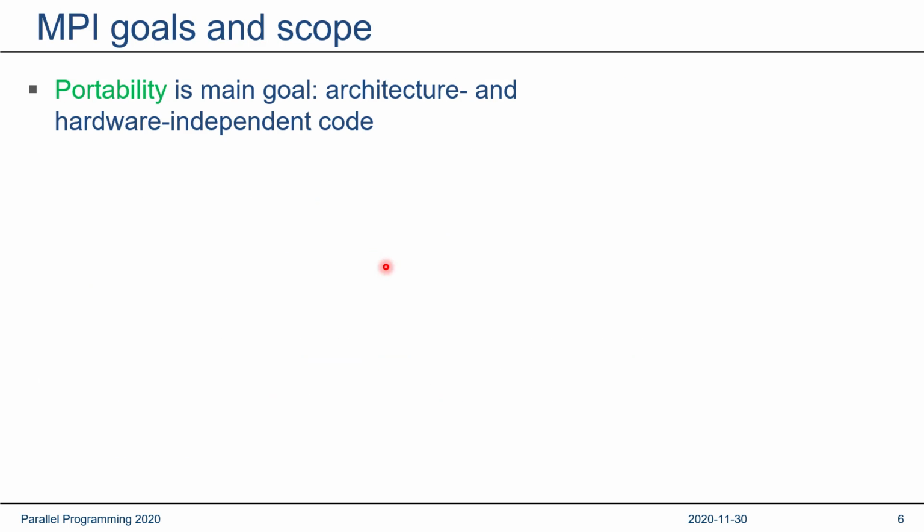I've already mentioned that portability is the main goal in the development of the MPI standard. We want to write architecture and hardware independent code. So we have the hardware, which could be quite diverse, comprising different processor architectures, network hardware, and so on.